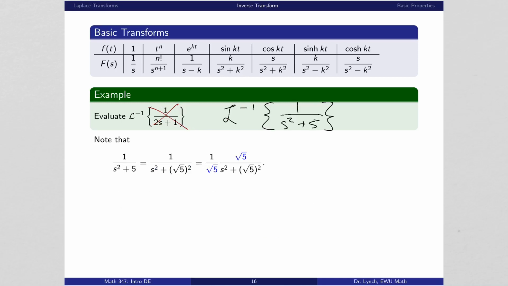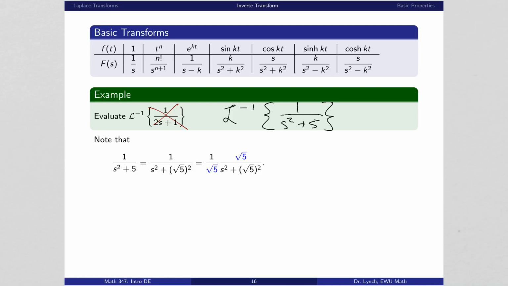Another inverse transform using that multiplying and dividing trick again. Here's the inverse transform, another typo here, sorry about that, of 1 over s squared plus 5. So stare at 1 over s squared plus 5 in our chart, and notice that it looks most like the transform of a sine function, with a constant over s squared plus k squared.